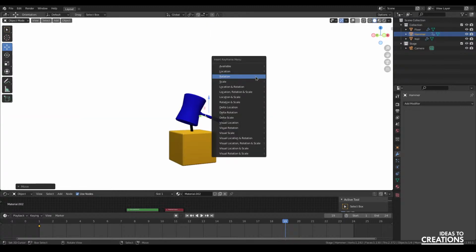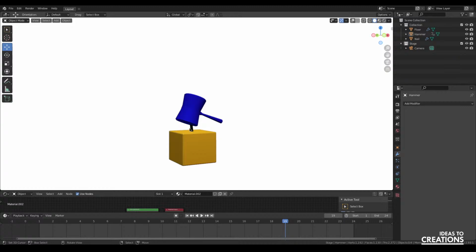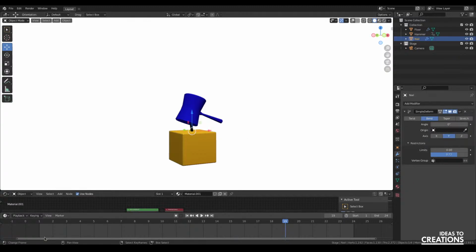Right, we hit I, and then I'll grab the nail and bend it. So I need to create that first keyframe, otherwise it's going to stay bent.